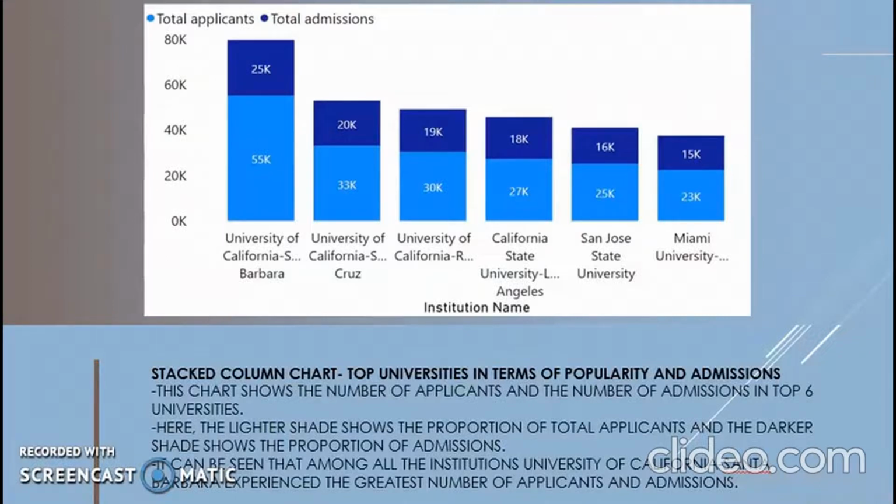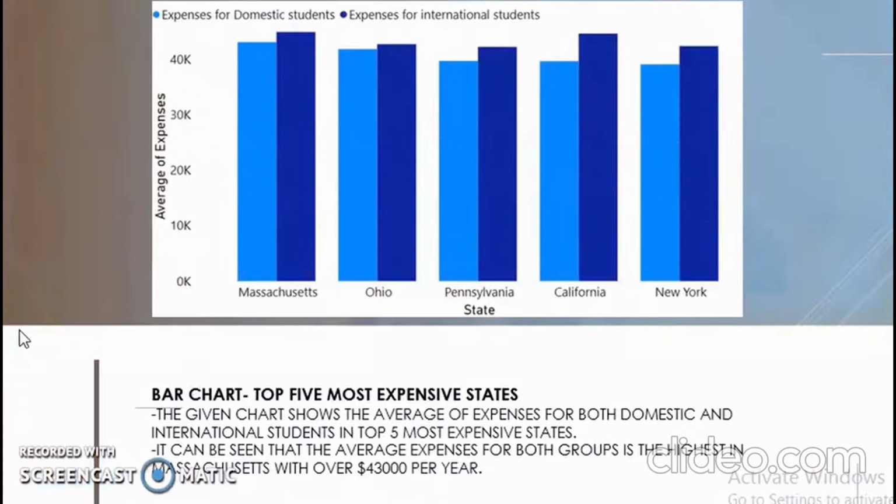It can be seen that among all the institutions, University of California, Santa Barbara experienced the greatest number of applicants and admissions. 55,000 applicants and 25,000 admissions this university experienced.